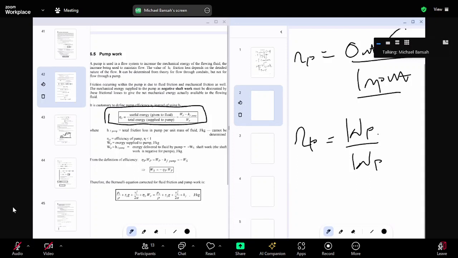But because of friction, there is minus HF. Remember yesterday I mentioned that this represents friction. So HF of pump, that's the friction of the pump. This is all over. So this is what we call the work done by the fluid and by the pump, or the useful energy, or the energy given to the fluid. Do you get it? And this is the energy supplied to the pump.